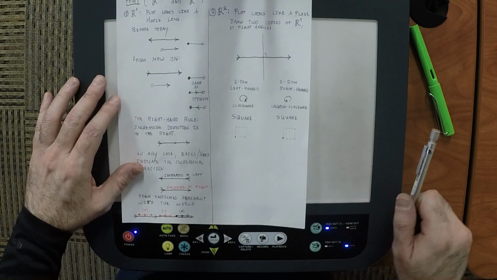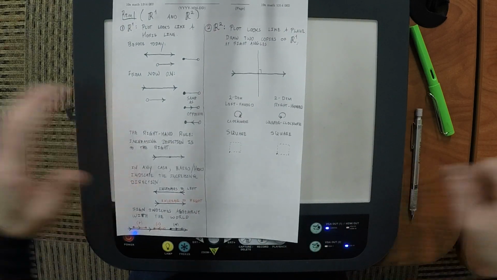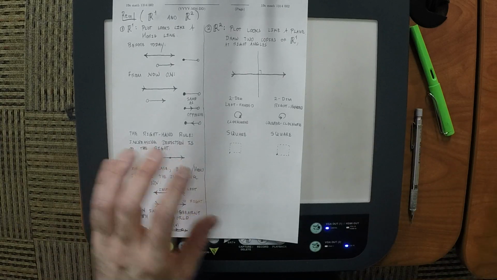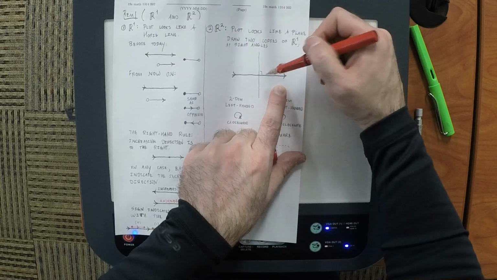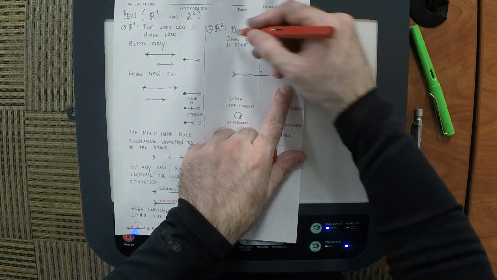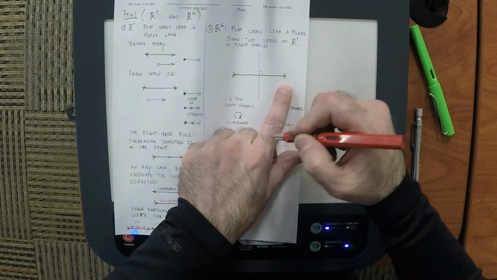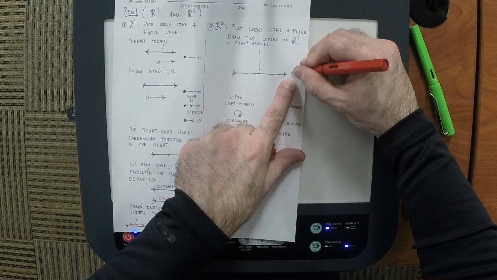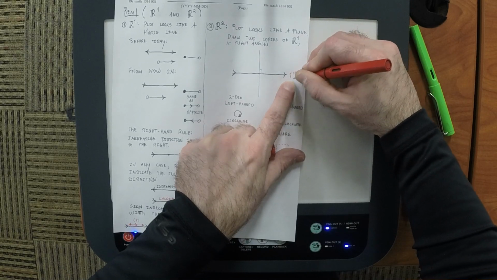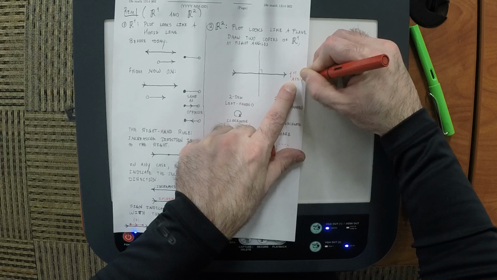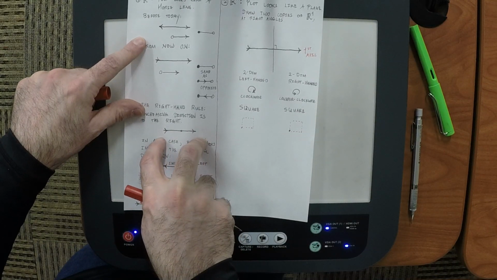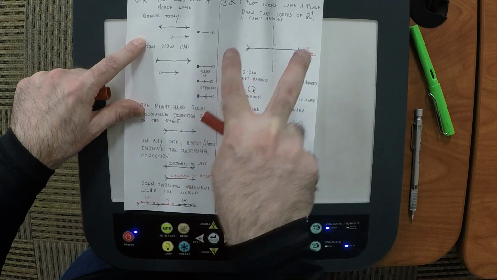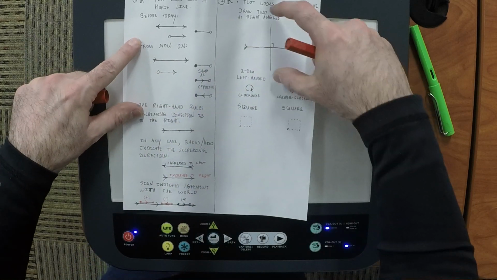I haven't drawn it yet. So here's going to be the rule of how we're going to draw it. This is the one-dimensional case, this is the two-dimensional case. The two-dimensional case is that we have two copies of the line. This one is the first axis. It's the first axis because we already said what we were going to do if we just had one axis. So if we have two axes, first we're going to start with that, and now we're going to have this one. So this one is the second axis.